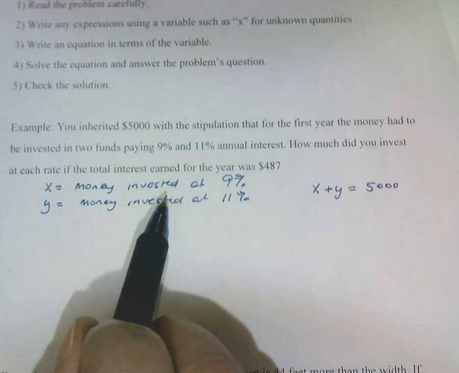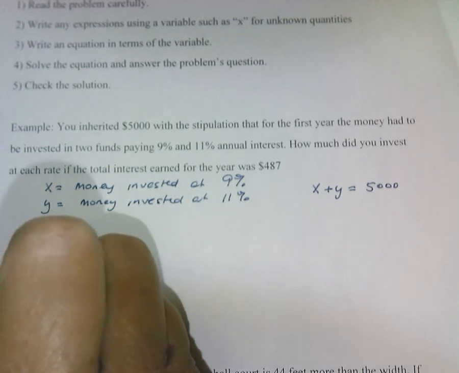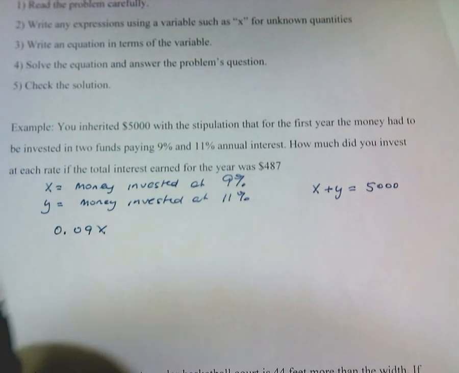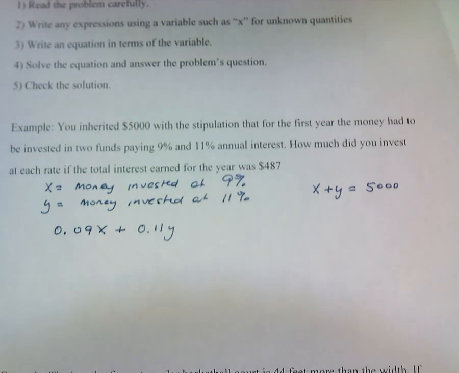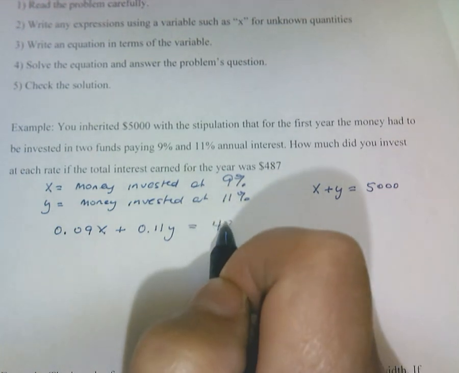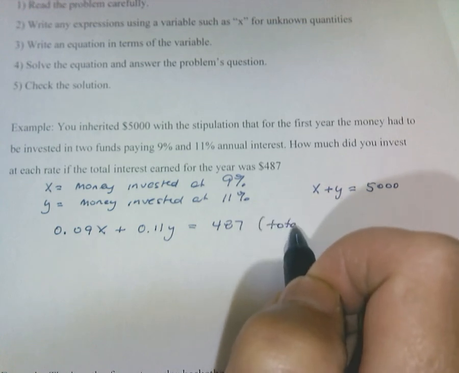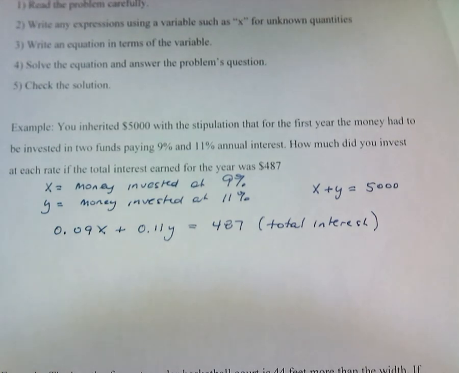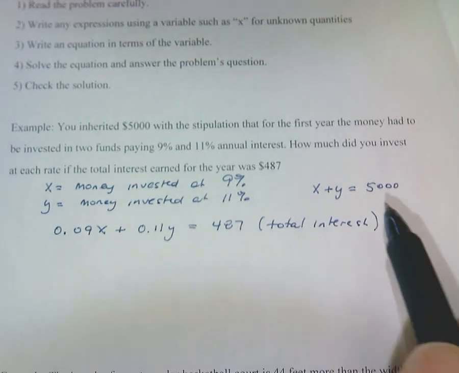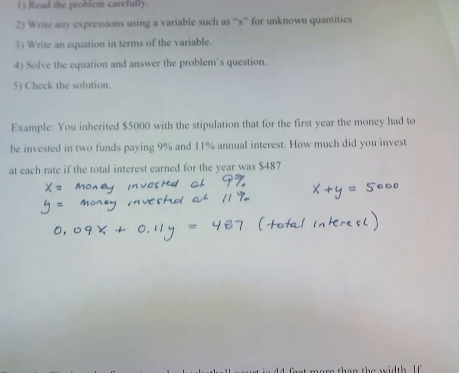If I invest x amount of money at 9%, it's going to be 0.09 times x, and at 11%, 0.11 multiplied by y, and my total interest is going to be $487. I don't know how much I invested at 9% and how much at 11%, so this is basically a system of equations. I have this equation with two variables, and this equation with two variables.